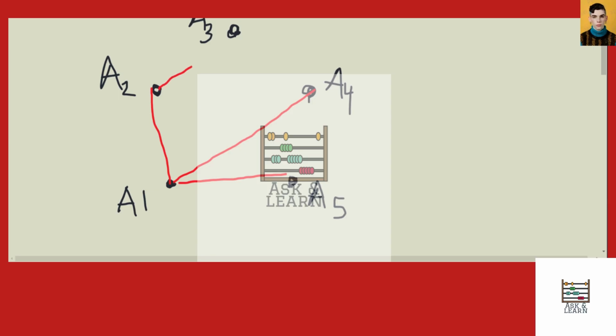We have that 2, 3 is an edge, 2, 5 is an edge. We have that 3, 4 is an edge, 3, 5 is an edge. 4, 5 is also an edge. So we get a graph that looks like this.